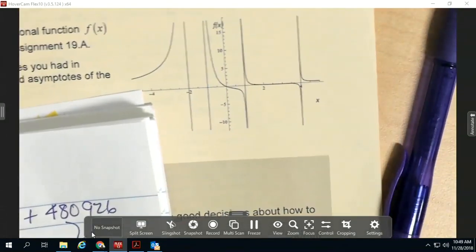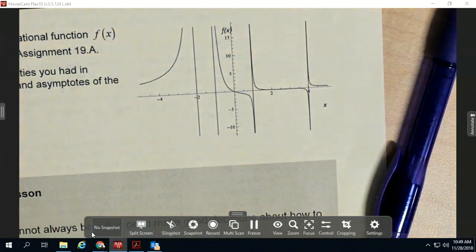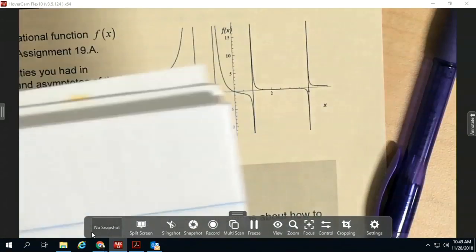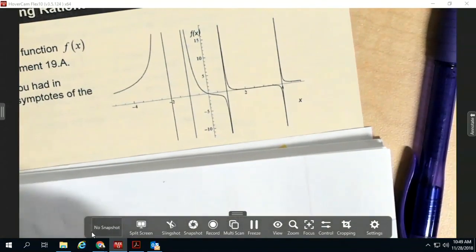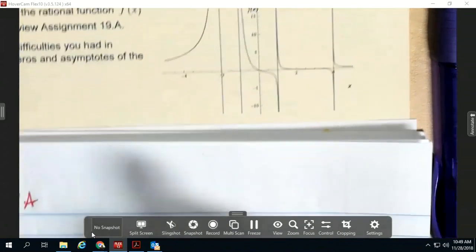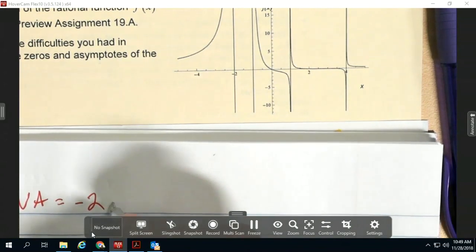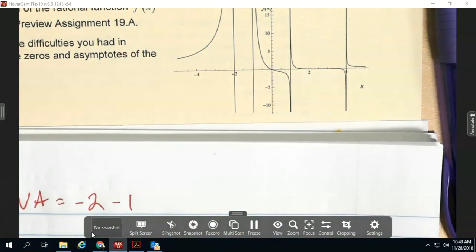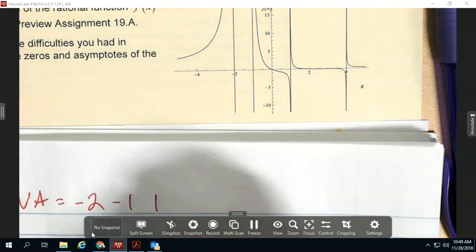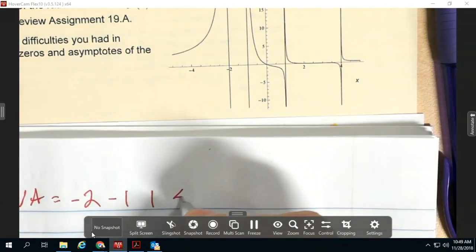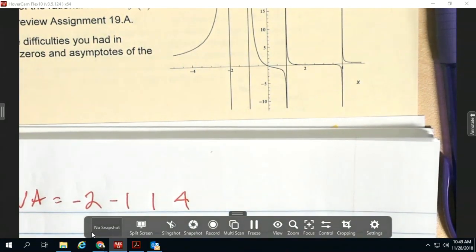We've got vertical asymptotes at -2, -1, +1, and +4.